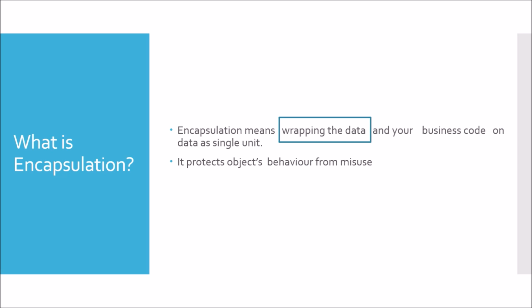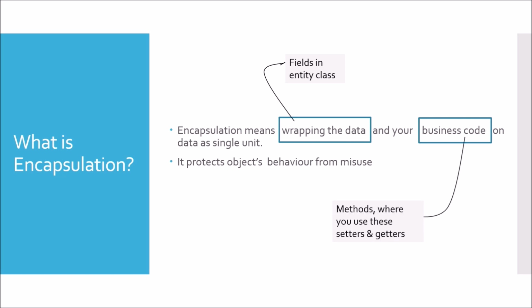We usually have an entity class or model class where we define fields. The field is used for wrapping or storing the data, and the business code usually refers to methods, where you can use the getters and setters provided in the entity class.